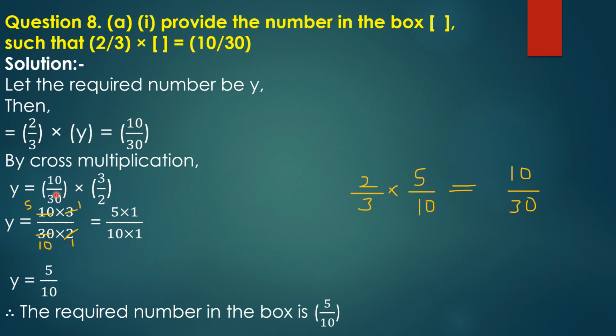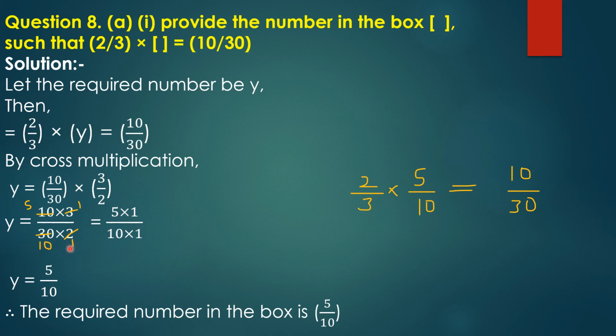Now, we have two fractions under multiplication. That means, to get the product of these two fractions, we have to multiply the numerators and denominators separately. So already we know how to do this one. So now 10 into 3 divided by 30 into 2. Okay.